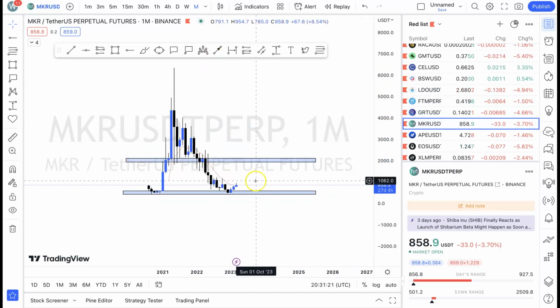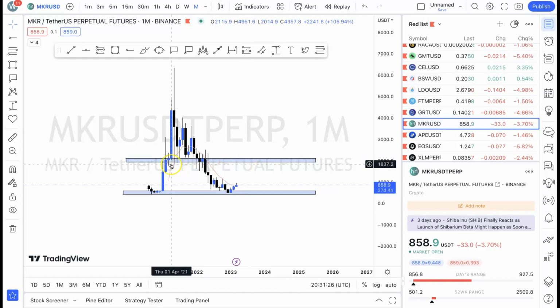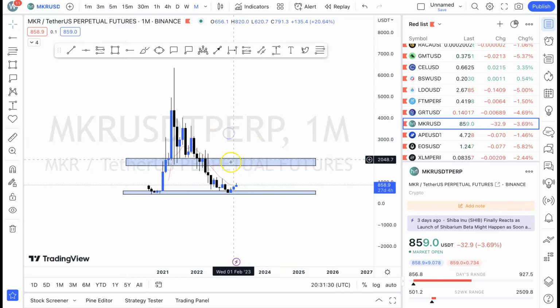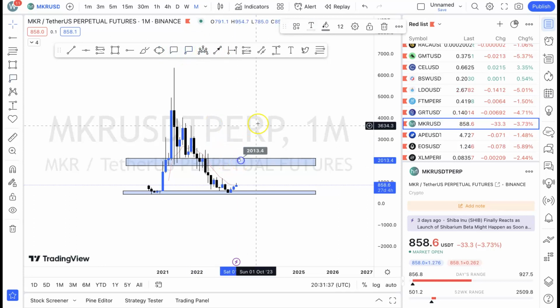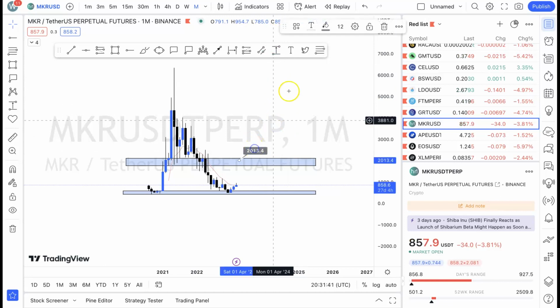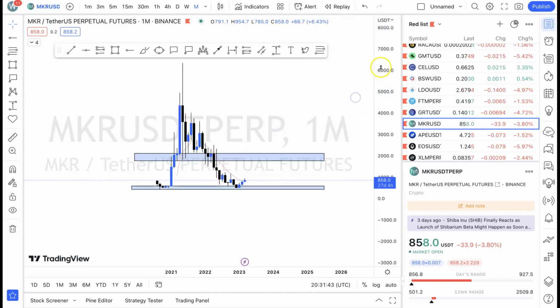So this is it for Maker. I think we might come back into this area here. It's a big zone because of the wicks. So this is an area you want to anticipate for yourself if you're holding this project. $2,000 level is highly possible for Maker.